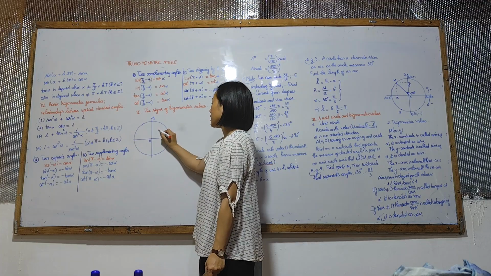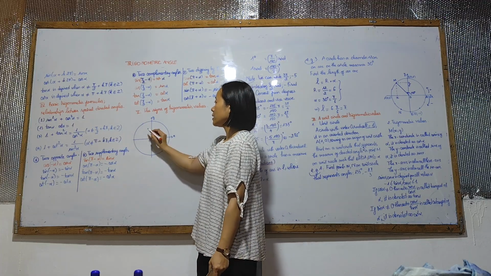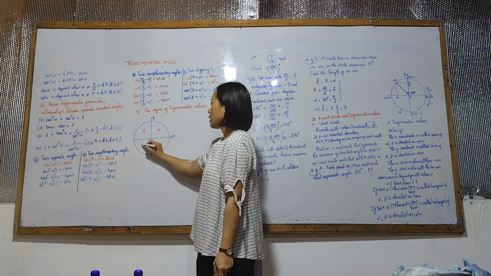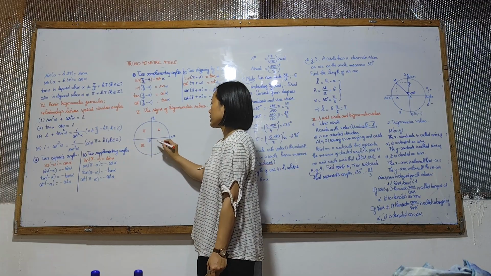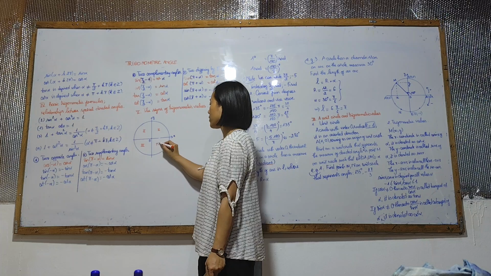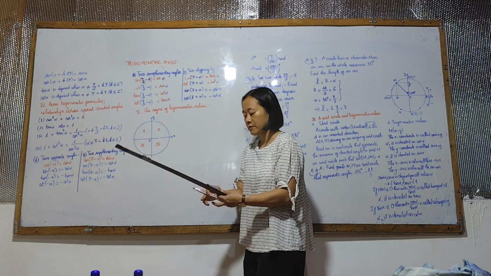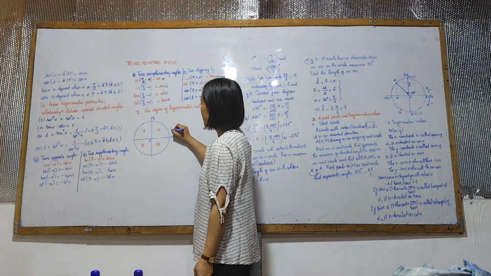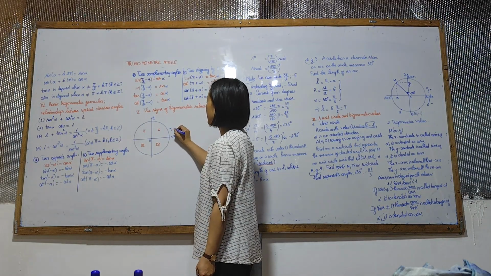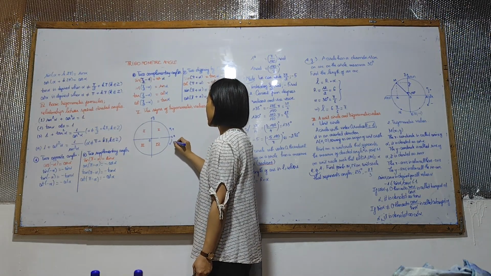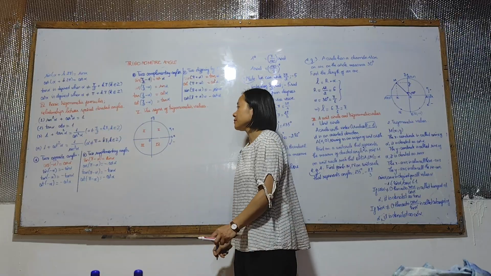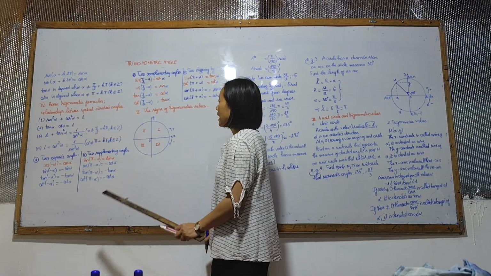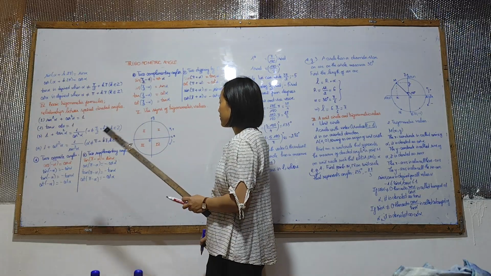We call them the first quadrant, second quadrant, third quadrant, and fourth quadrant. And it always has a positive direction and a negative direction. Look at this figure. We will have the signs of trigonometric values.